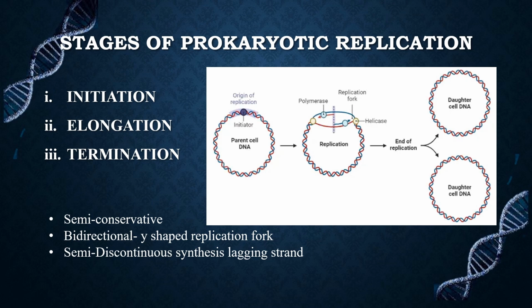And it is semi-discontinuous, that is, the leading strand copies continuously and the lagging strand copies in segments, that is, Okazaki fragments. In the picture, it's clear that a parental cell DNA replicates with the help of polymerase enzyme and forms a replication fork, and at the end of replication we get two identical copies of daughter cell DNA.